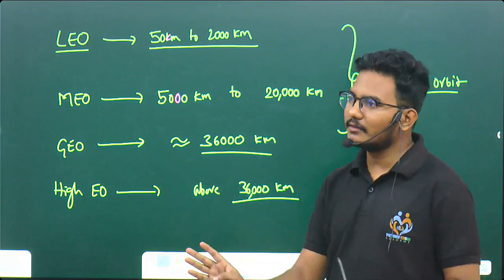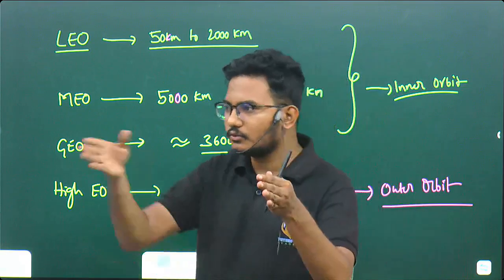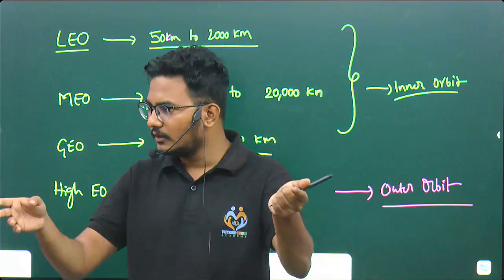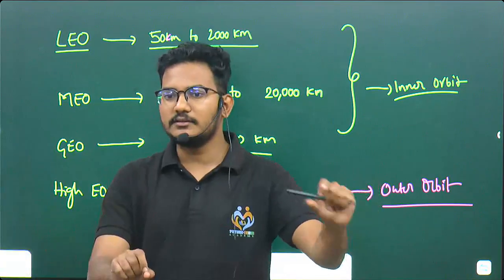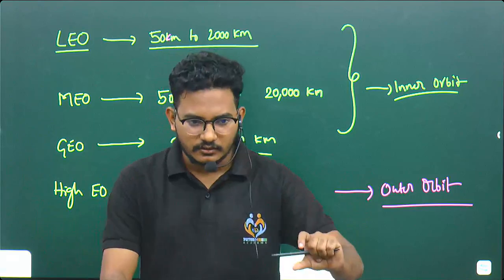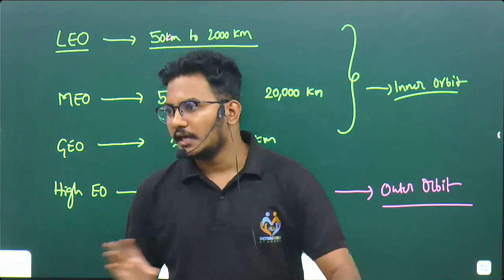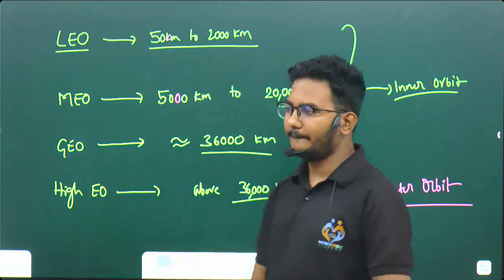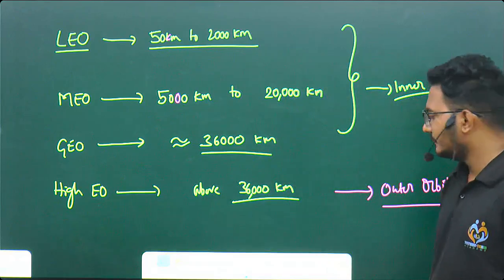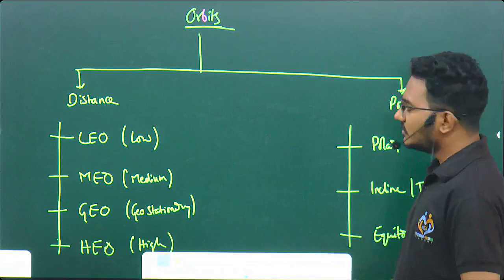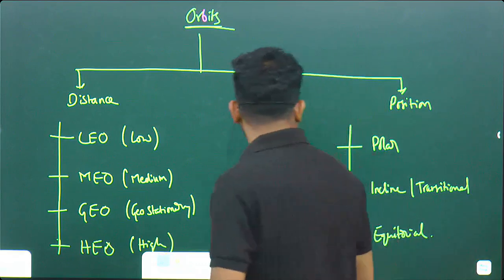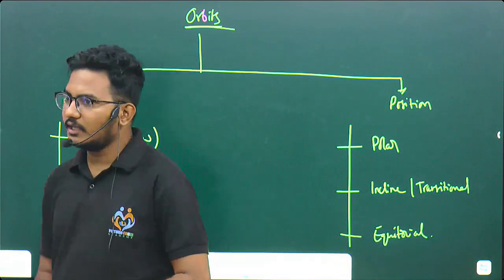Anything placed between 50 to 2000 is called LEO. 5000 to 20,000 is called MEO. At 36,000 it is GEO, and above 36,000 it is HEO. Fine? Now based on the position, we have polar, inclined, and equatorial.